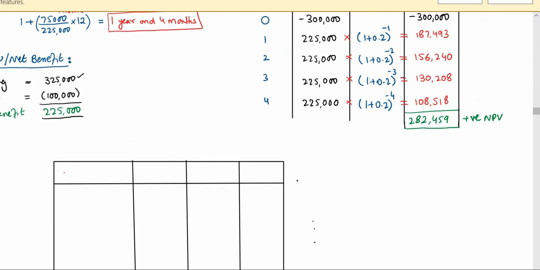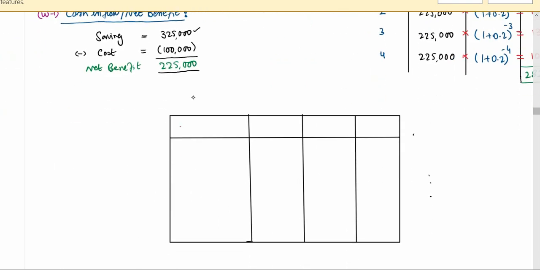Now analysis, which one is better? Machines, payback, NPV, ARR. For machine one, that was the printer. Second one, cutting machine.